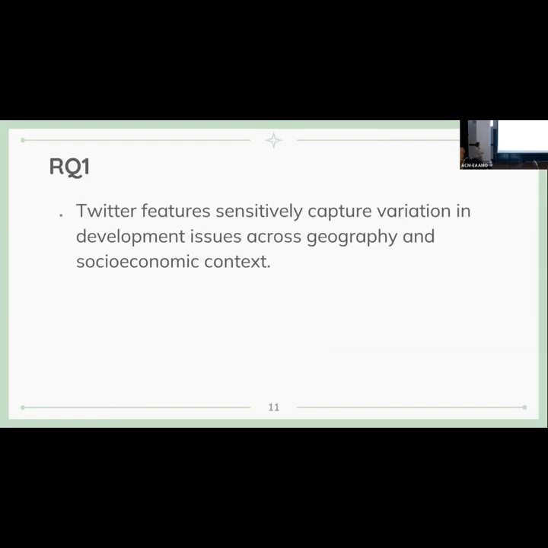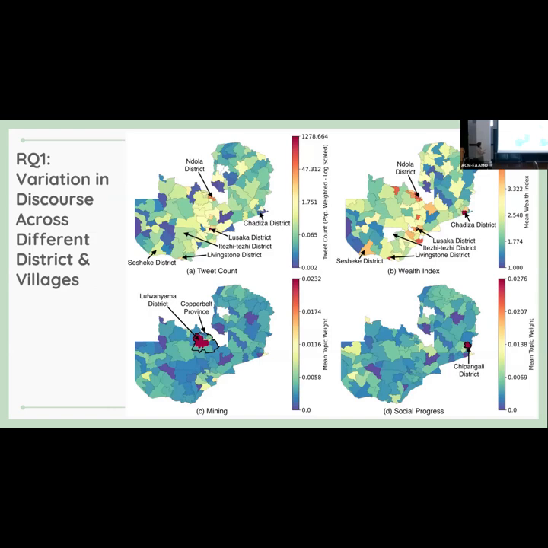All right, answering RQ1, we found that Twitter features can capture variation in development priority across regions. As you see here, we are comparing survey data with Twitter accounts. When survey data is missing or only from a very limited sample, we found that Twitter data provides a more accurate estimation.